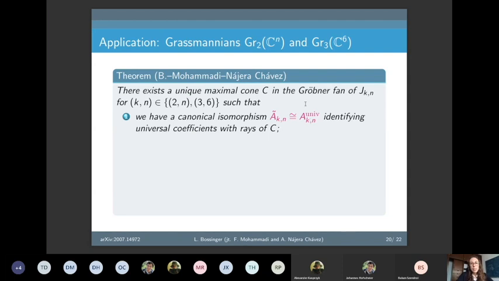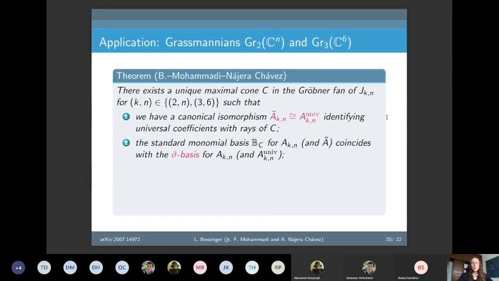And in both cases, we have seen that the deformation parameters correspond to different things. So for the lifted algebra, I had one parameter, one t, for every ray of C. For the universal coefficient algebra, I had one parameter for every mutable cluster variable, and in this isomorphism I identify uniquely coefficients with rays of C. So this in particular means that for these types of cluster algebras with universal coefficients, we have specific presentations.